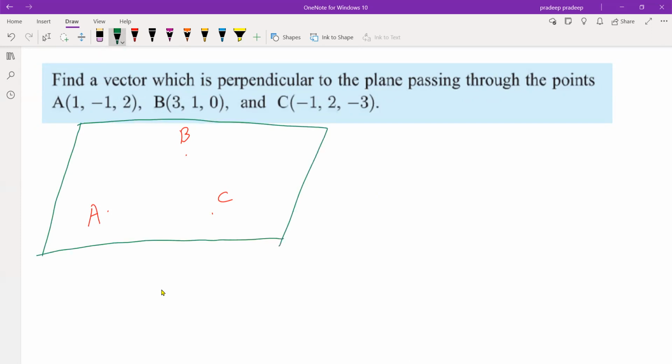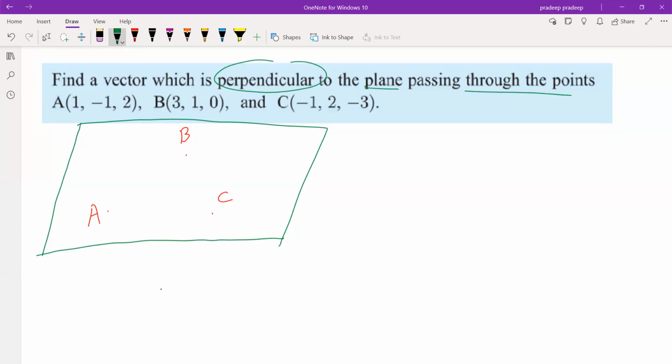In the question itself, it is given that the plane is passing through all these points. Since we are supposed to find a vector which is perpendicular to this plane, all we need to do is identify two vectors which lie inside that plane and then multiply them using the cross product.